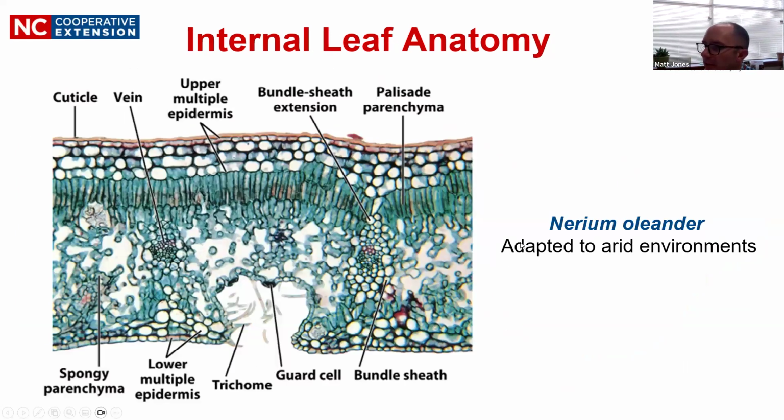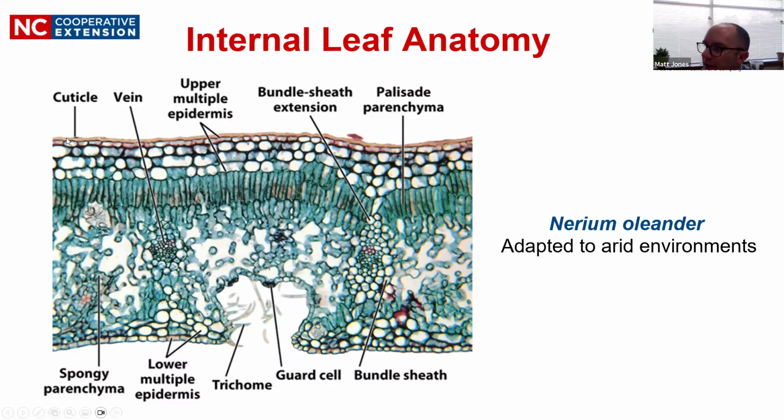This is a fun example of a leaf cross section from a drought-adapted plant. In this case, Nerium oleander. So imagine what anatomical changes you might see if you lived in a really hot and arid environment.